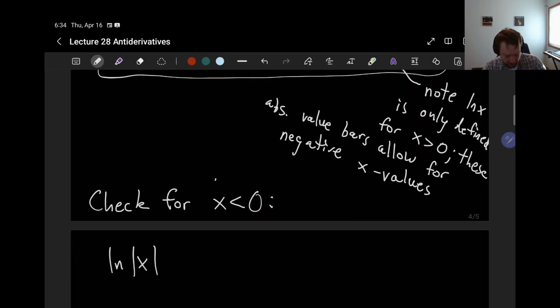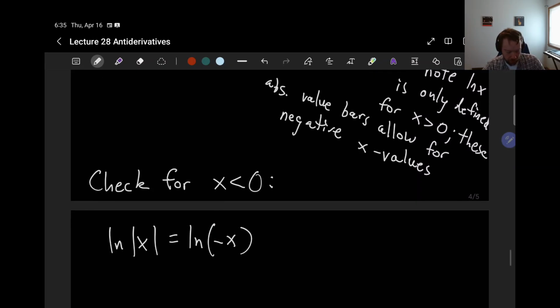So assuming that x is a negative number, then that means that the absolute value of x is the same thing as negative x, right? Because if I take the absolute value of, say, -1, that will flip it to 1. And 1 is the negative of -1. So this negative means that flipping over is happening from negative to positive.